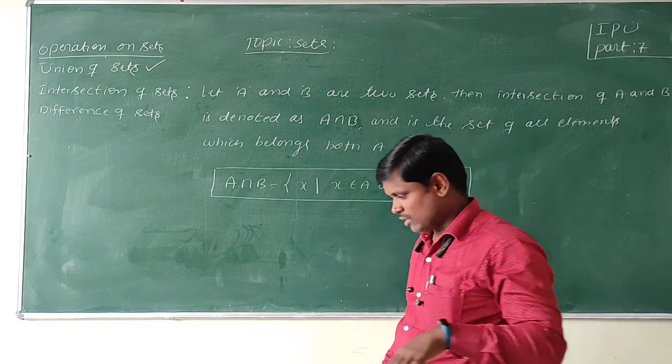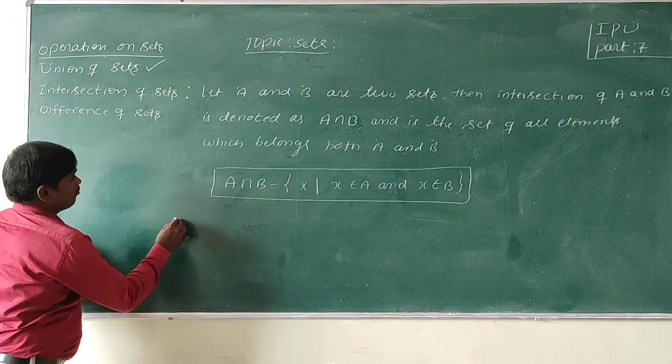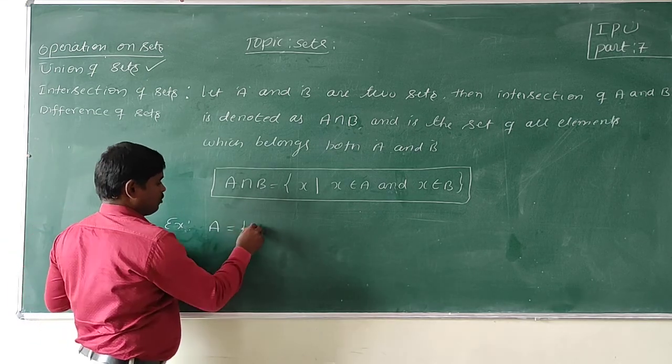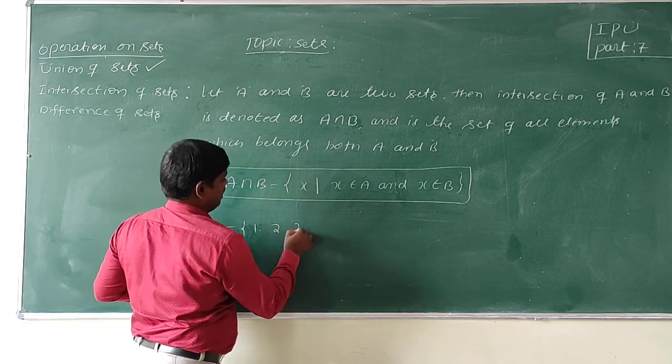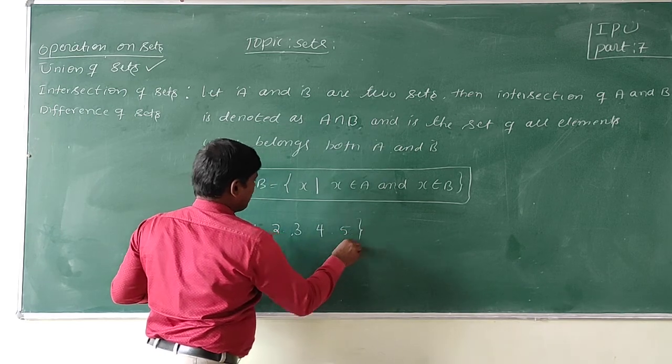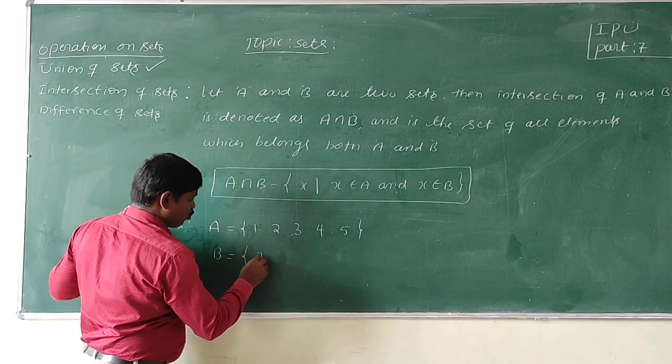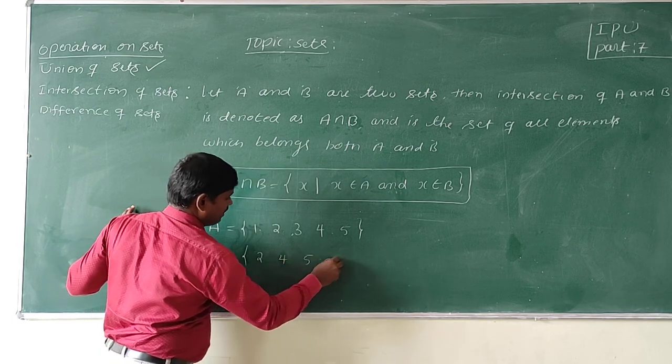For example, I am taking one example. Set A is equal to 1, 2, 3, 4, 5, and set B is equal to 2, 4, 5, 6.